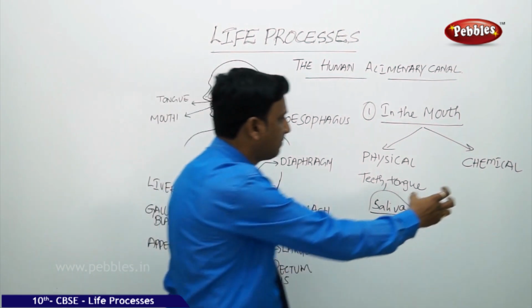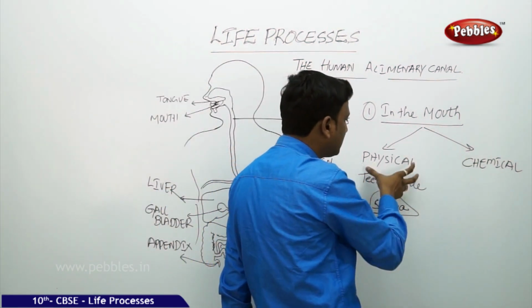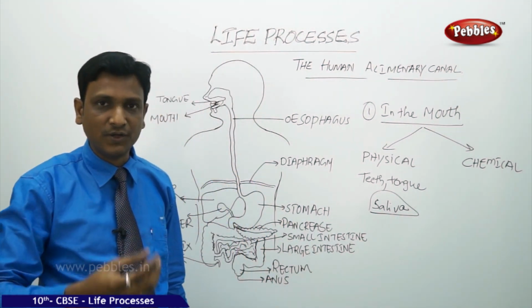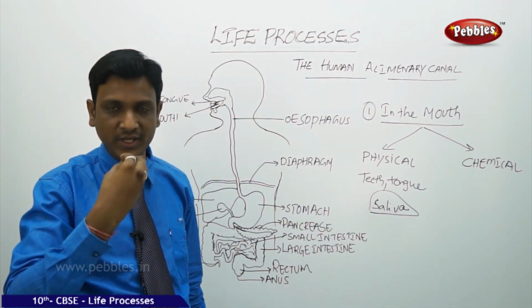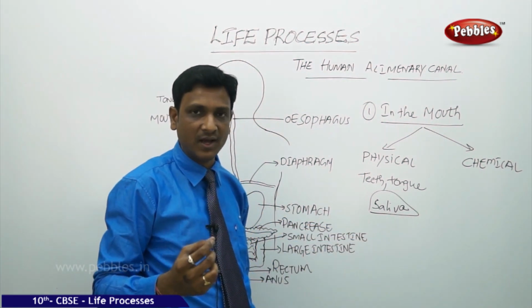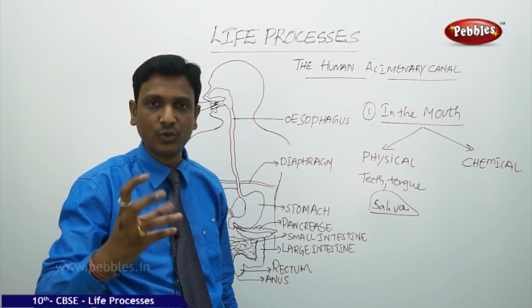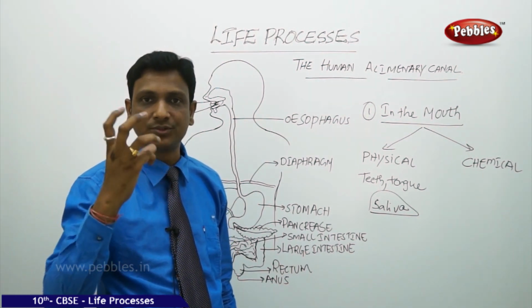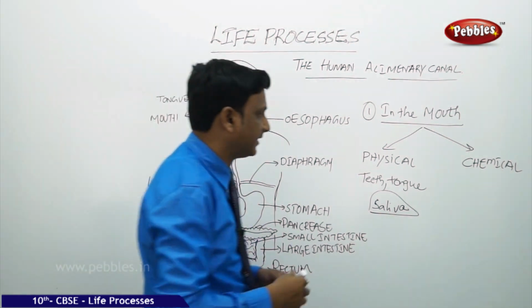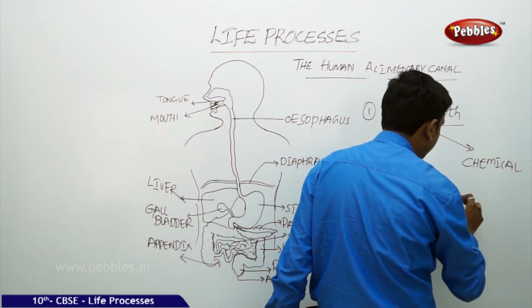And what about the chemical part? Physically the food is made into a soft form. Chemically, what happens to the food? The food we are chewing is well mixed with a liquid called saliva. Saliva not only helps to make the food watery and pasty, it also contains an enzyme called salivary amylase.